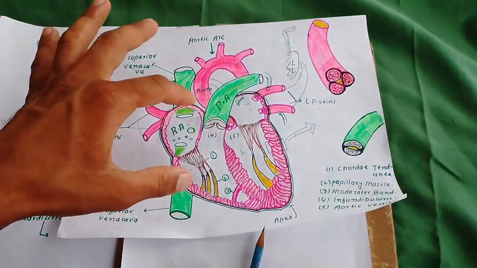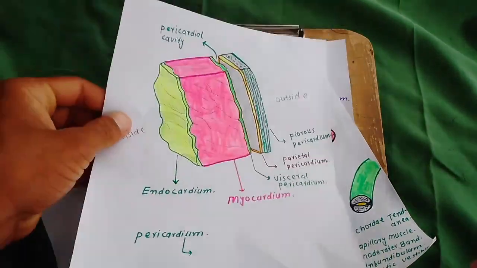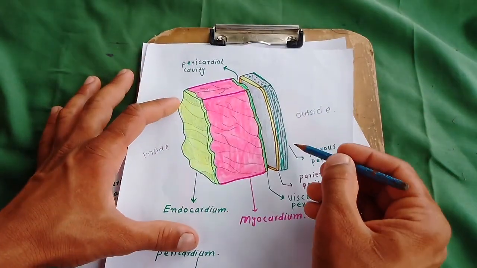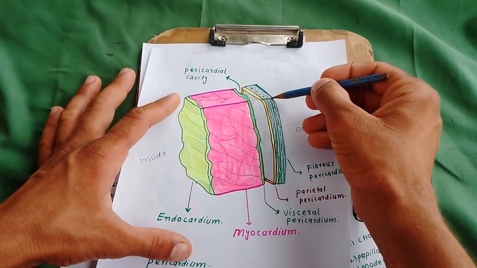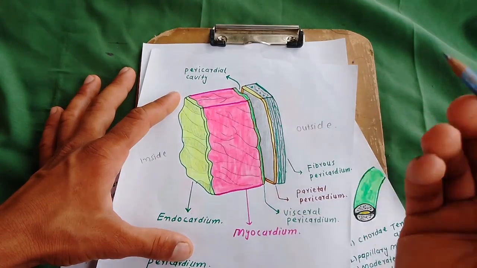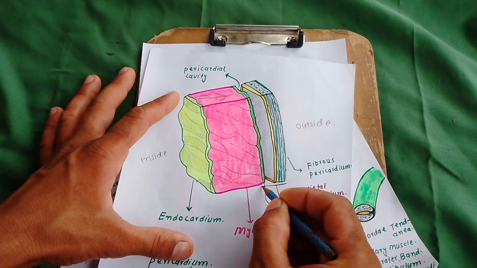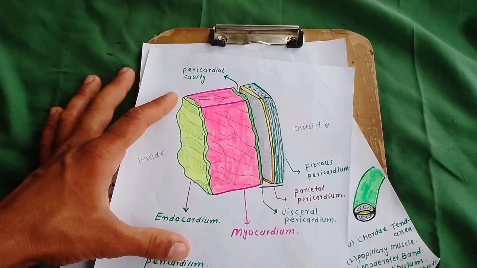As you can see here, this is the outside. From this point up to this point is called the pericardium.